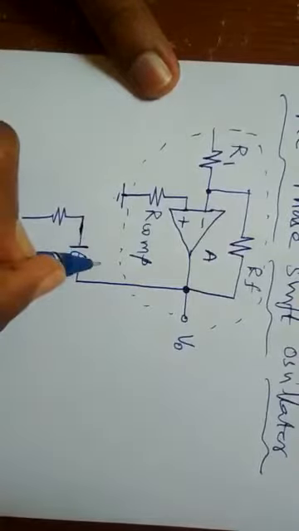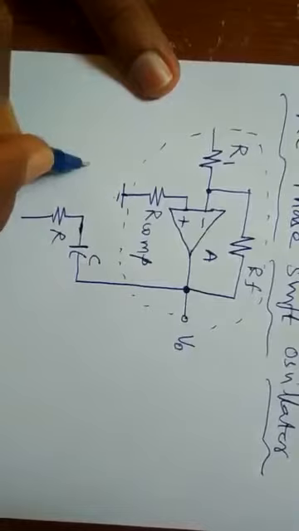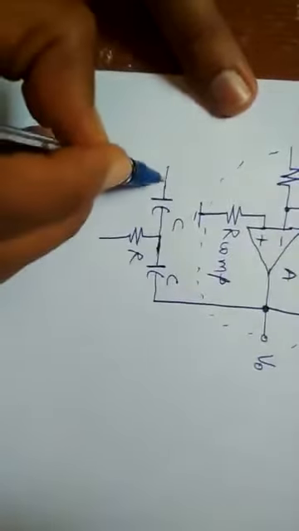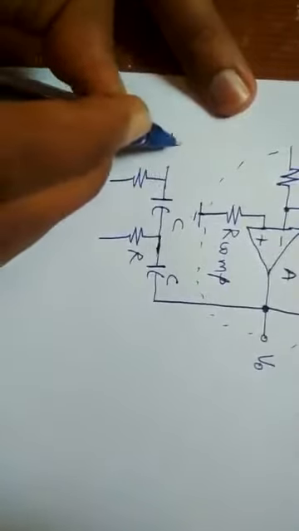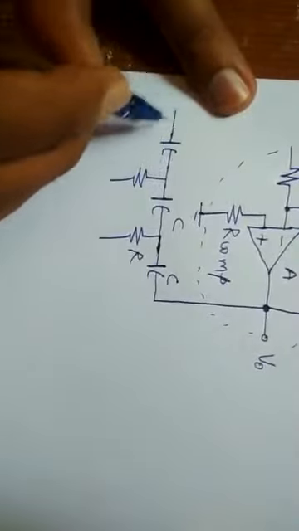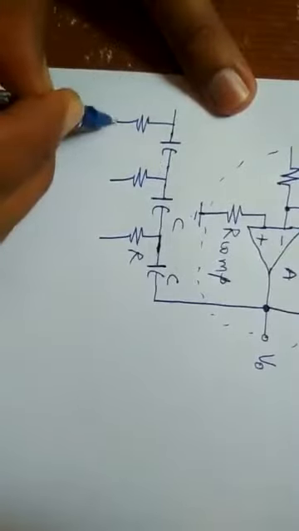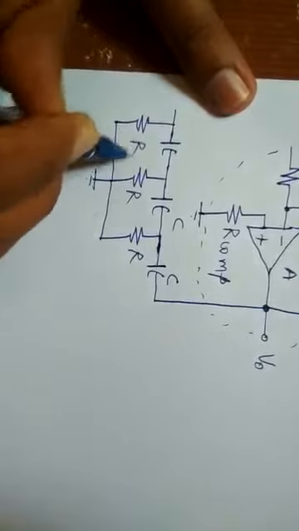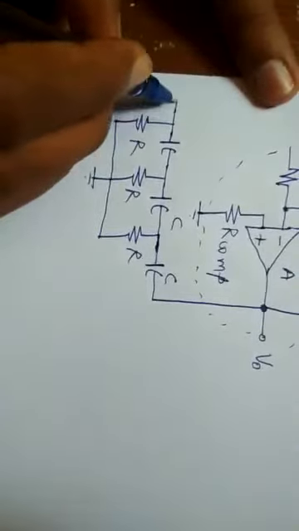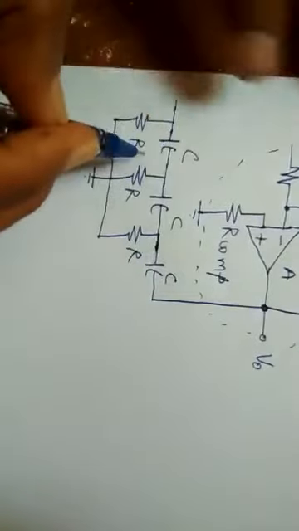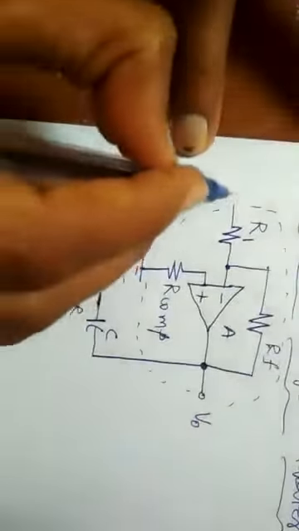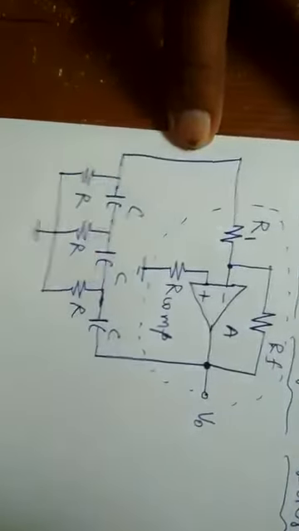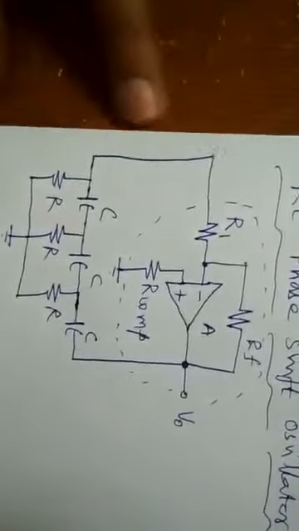Drawing one RC pair, C R, the second one C, R, and the final one C and R. So all the resistors must be grounded, and the output of the 3 RC pairs is again connected to the input side of the amplifier. Now the total circuit of the RC phase shift oscillator is ready.